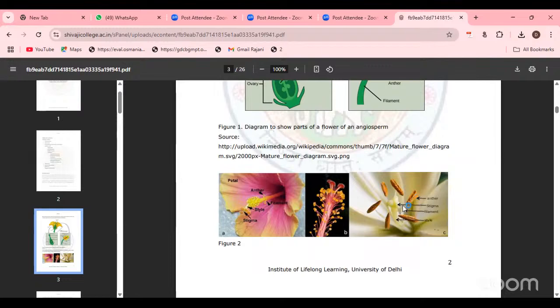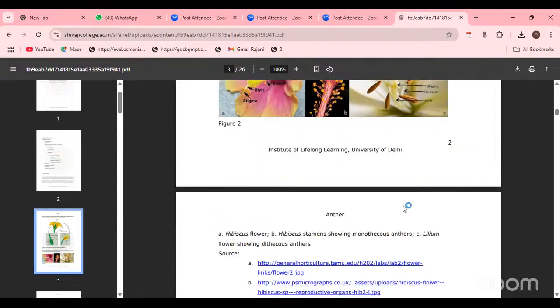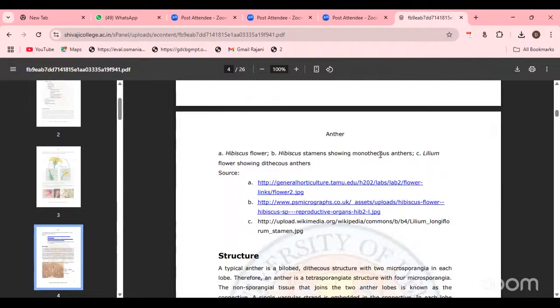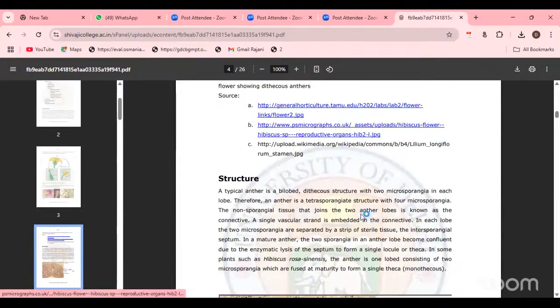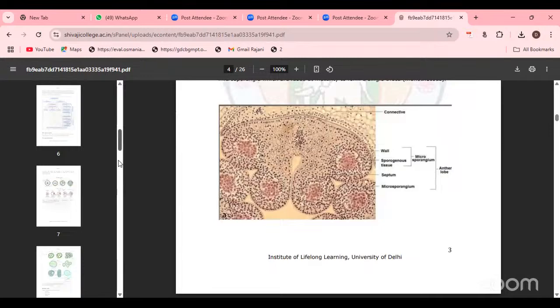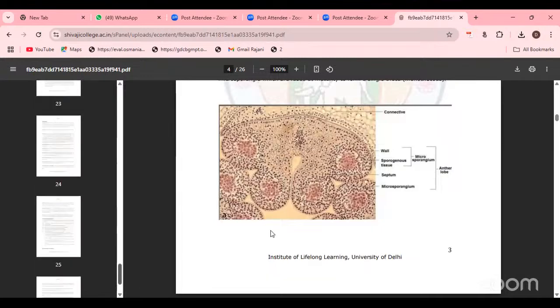This part is the filament, and this one is the anther. This is the hibiscus flower stamen showing a monothecous anther. Different flowers have different anthers, observed in different forms.